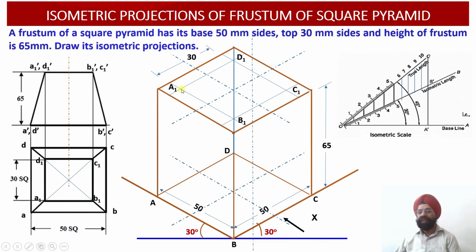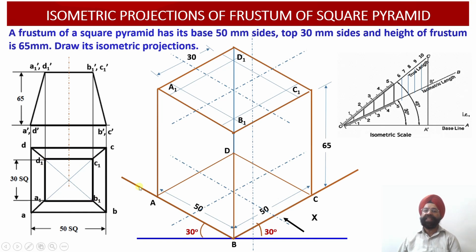So this 30 by 30 square conforms to the requirement of the frustum top face, that is A1, B1, C1, D1. A1, B1, C1, D1 happen to be a square having an edge of 30 millimeter.